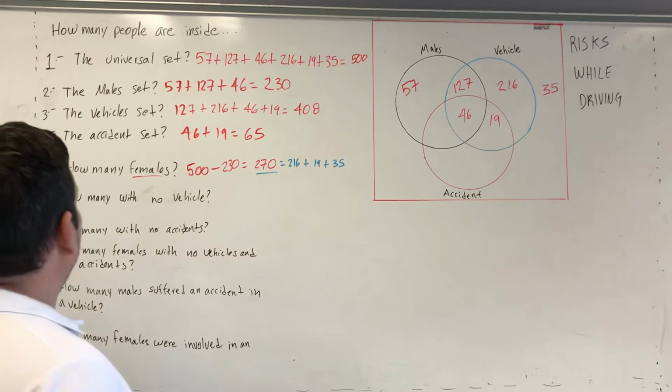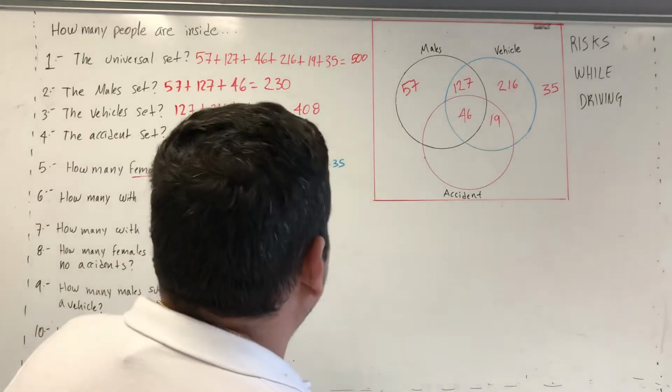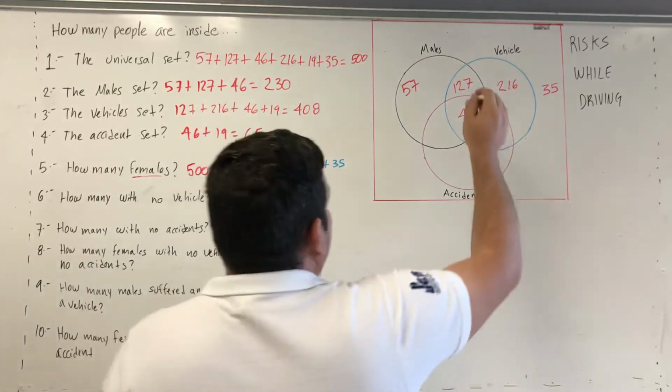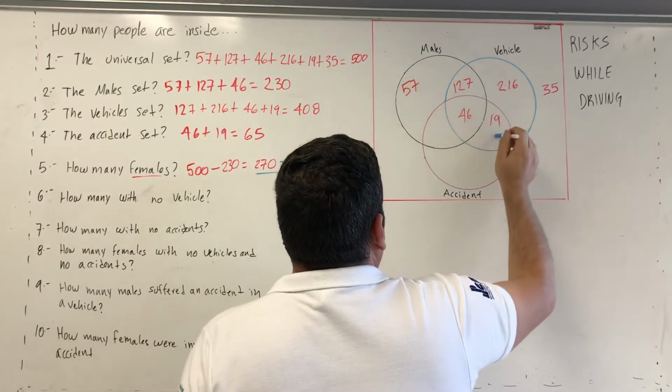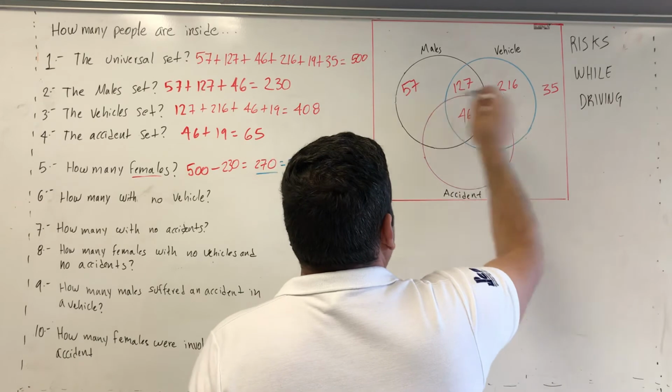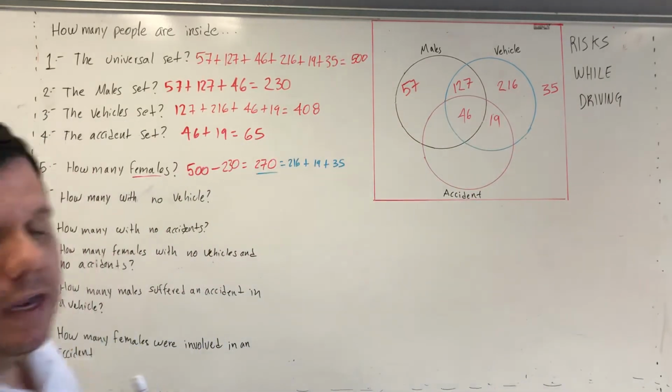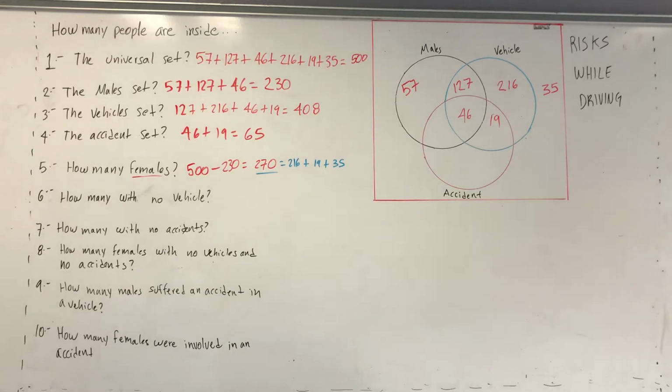Now, how many with no vehicle? This is the same logic. We have the whole vehicle set here, here, here, and here, and you have only two values outside. Those two values outside mean people with no vehicle.